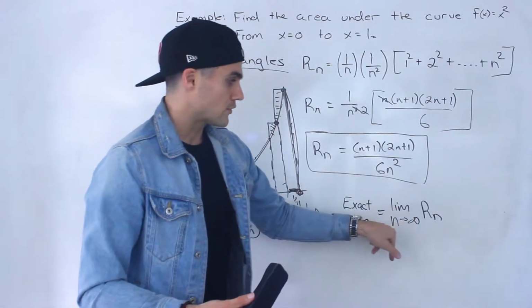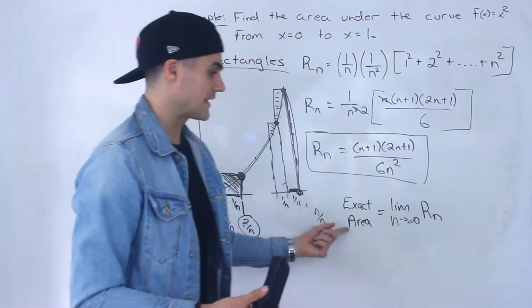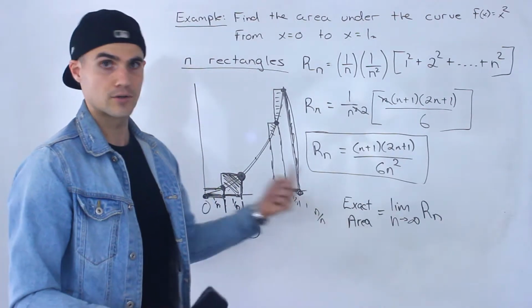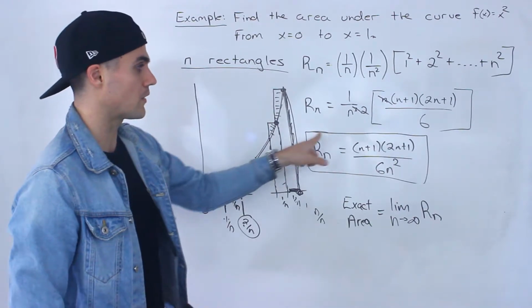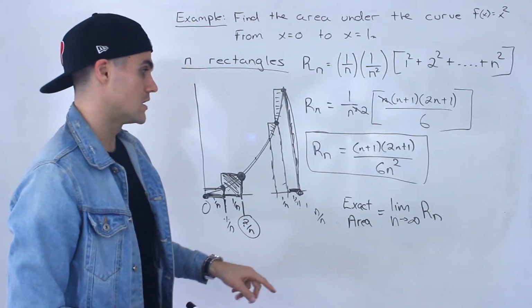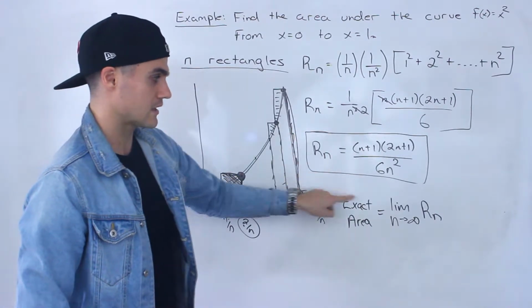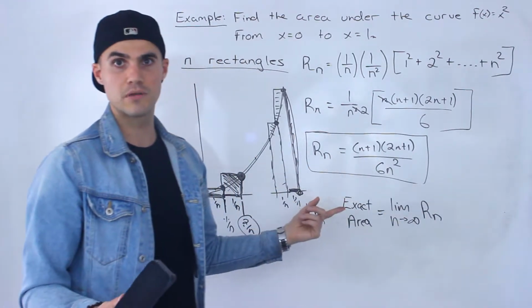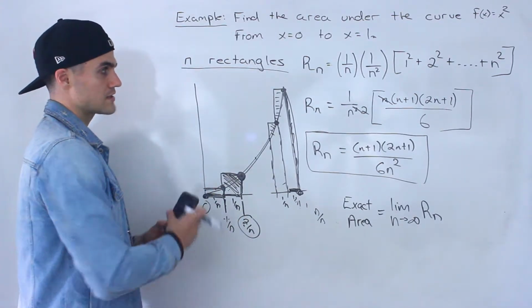So no matter whether you take n to infinity for Rn or Ln, you're still going to get that same exact value. And I'll show you how when we find the Ln formula. But just using the Rn formula for now, if we find this limit, that's going to be the exact area under the curve. And so let's do that now.